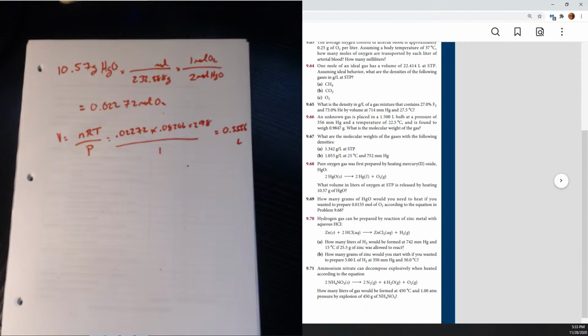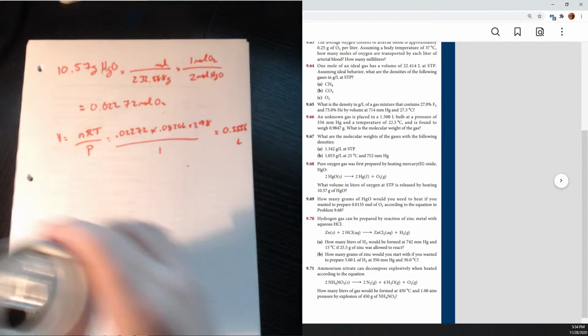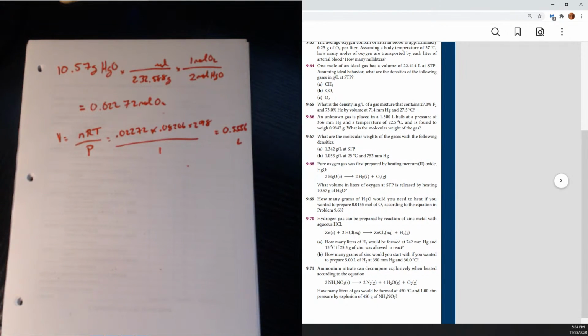Hydrogen gas can be prepared by the reaction of zinc metal with aqueous hydrochloric acid. How many liters of H2 would be formed at 742 millimeters mercury and 15 degrees Celsius if 25.5 grams of zinc was allowed to react? All right, so it's not a limiting reactant problem. At least there's that.